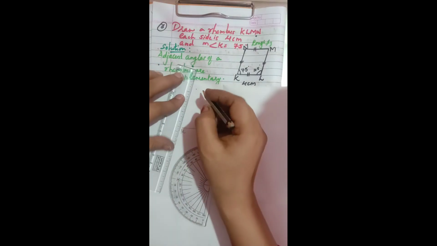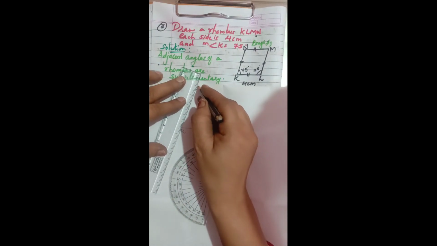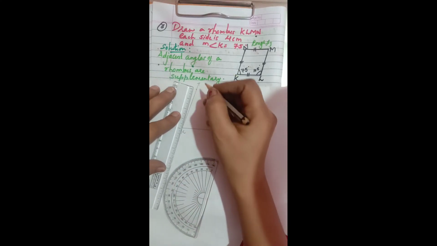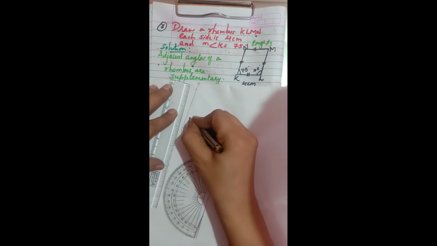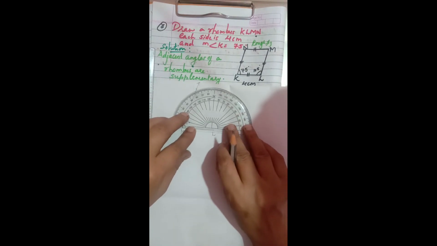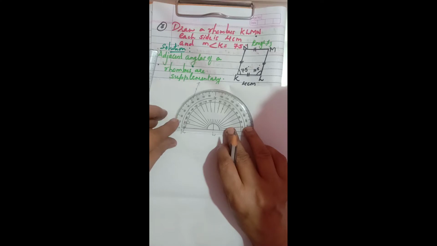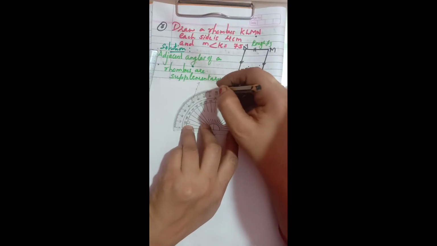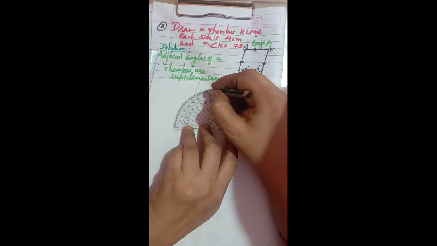Now first let us draw this angle K. It is 75 degree. Now shift the protractor to the vertex L, adjust the protractor properly, and mark 105 degree.